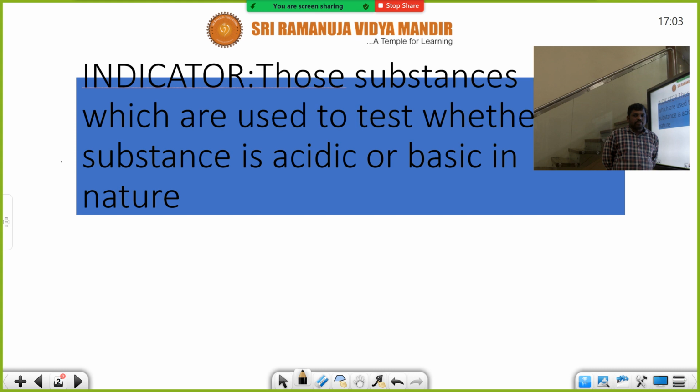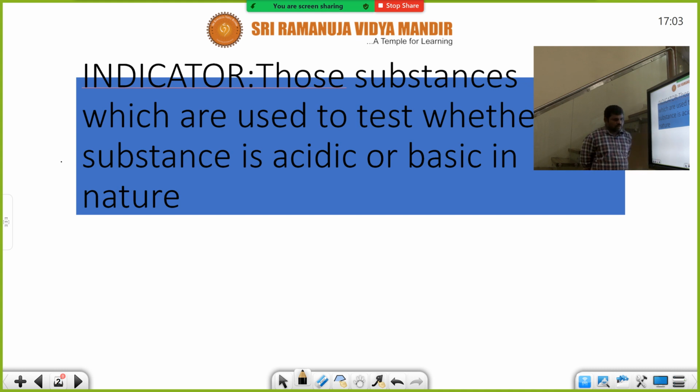The same pale pink solution of China rose, when added to a basic solution, gives a light greenish solution that indicates a basic solution. So no doubt at all, China rose is also one of the best natural indicators.